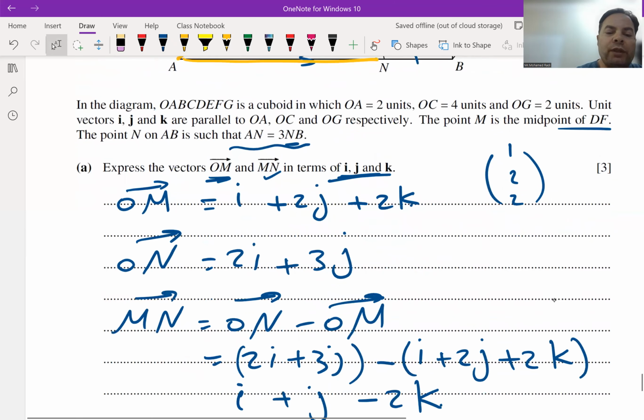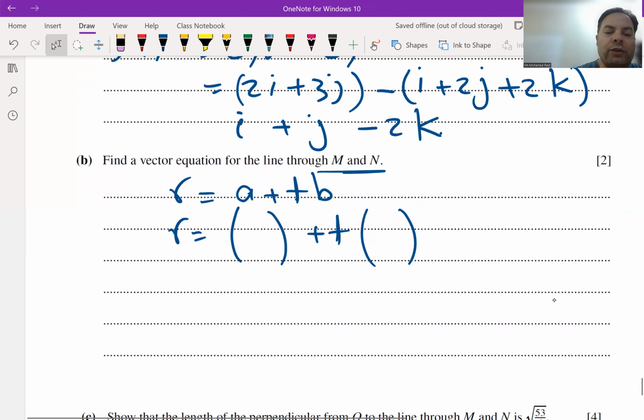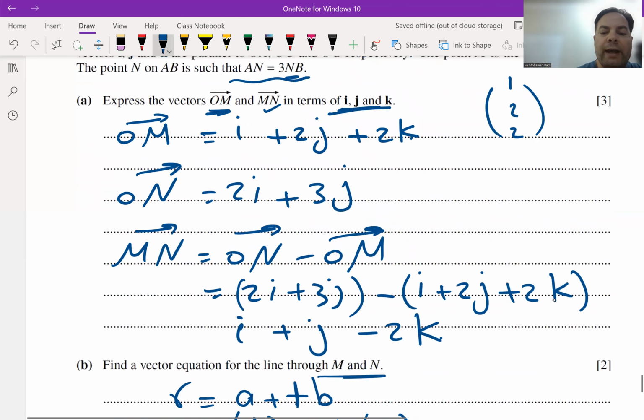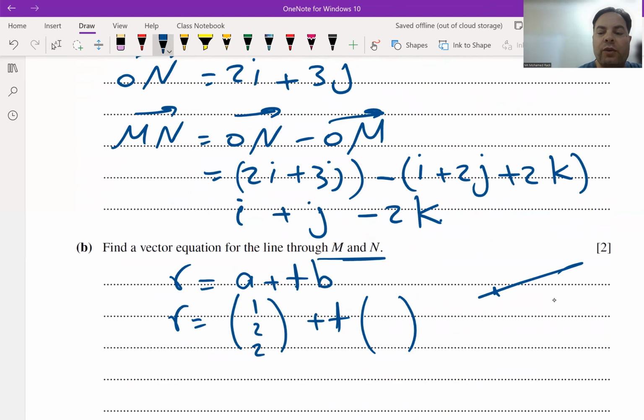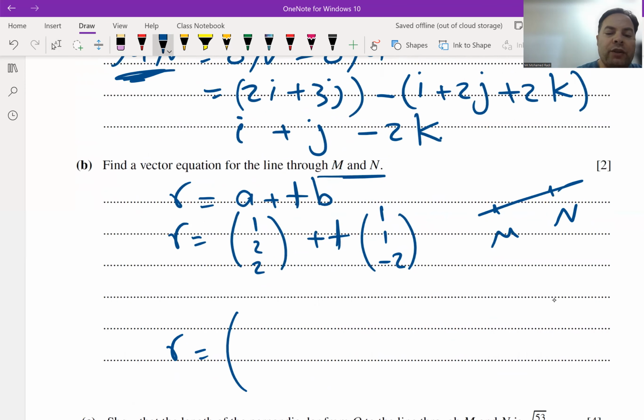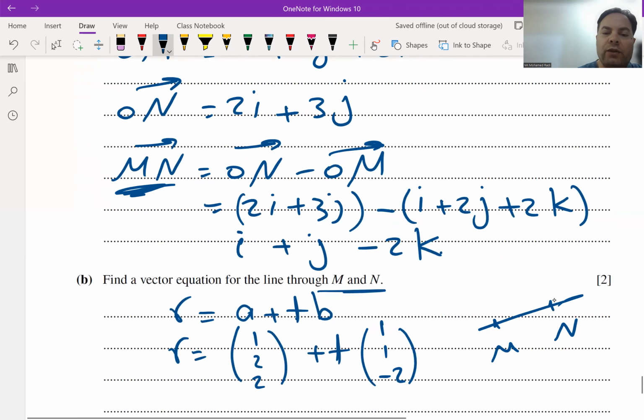Let's start with 1, 2, 2 plus t times the vector of the line passing through MN. You can use your answer from part A: MN is 1, 1, and minus 2. Or you can use the second point, which is N, it's also correct.